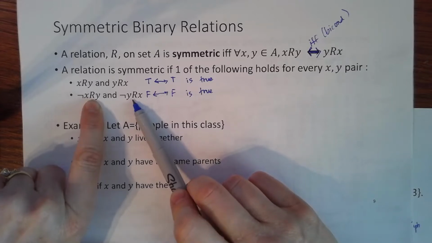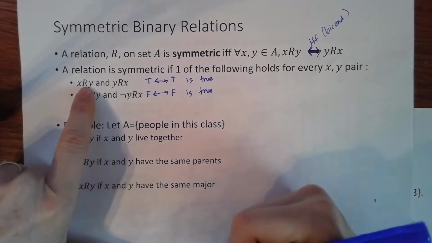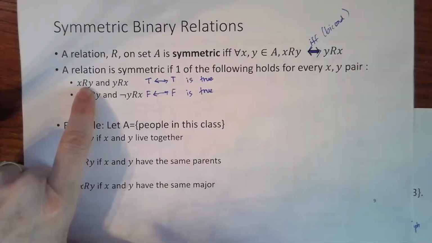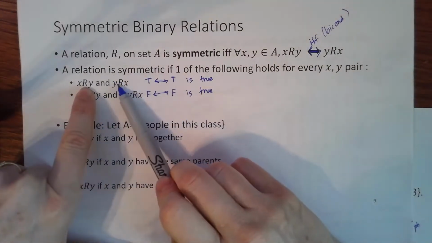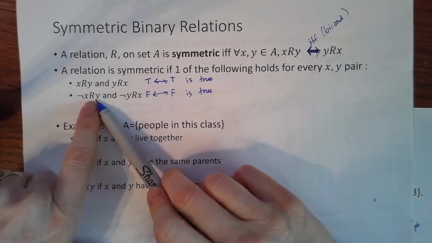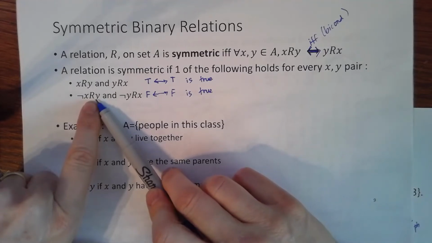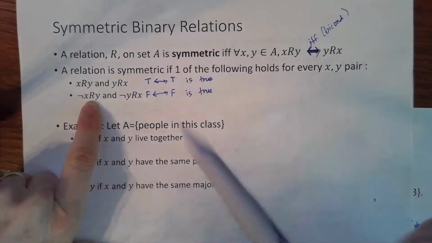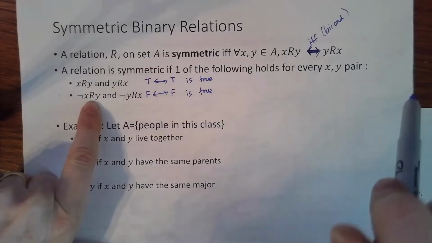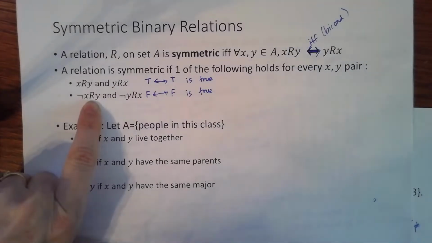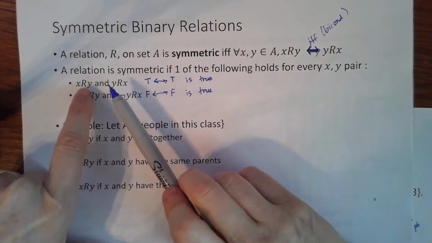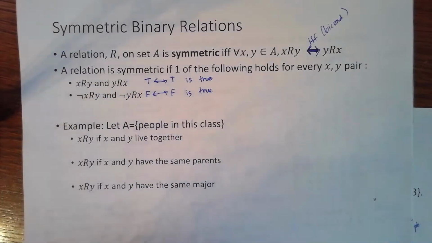Basically, if we have a pair that's related, then when you turn it around the other one's there as well. But if I don't have a relation, that's fine. As long as I don't have x related to y but y not related to x, because that would not make it symmetric. So I either have that they're both there or they're neither there.